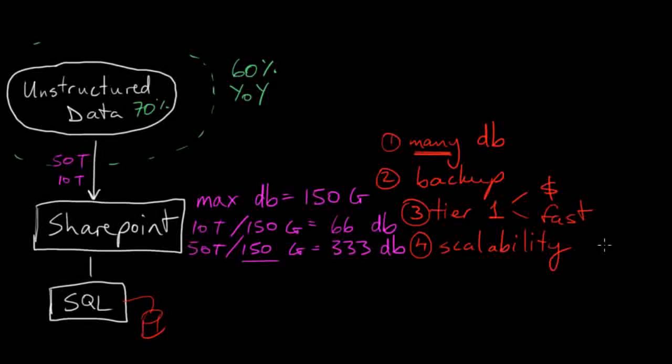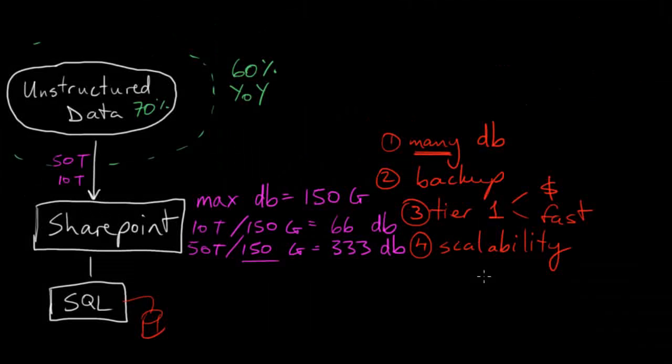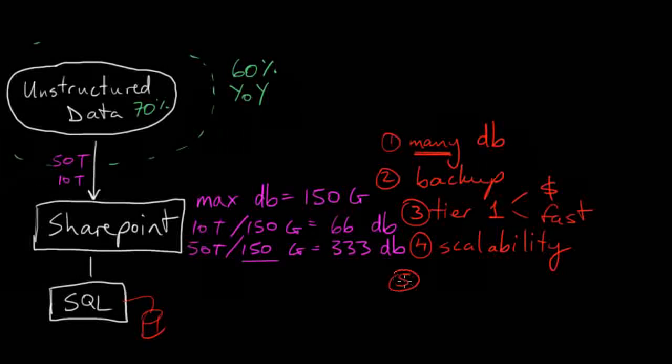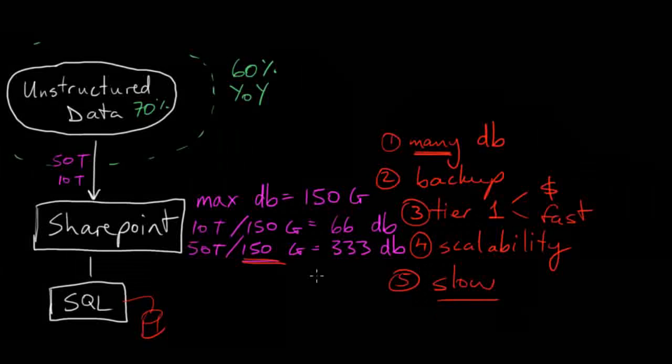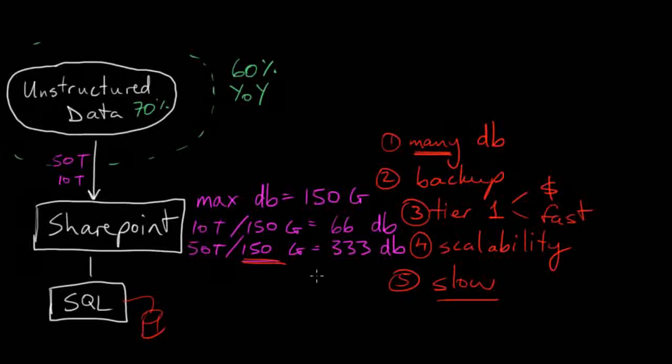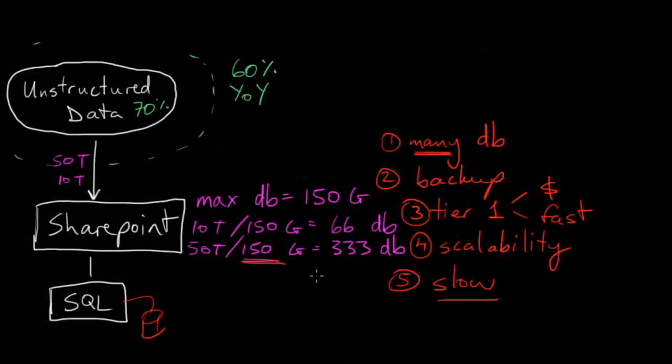Okay, and as you can see, all these things are interrelated, right? So many databases, once we have thousands of databases, that becomes a scalability problem for us to actually grow. But by far, probably one of the biggest issues is that SharePoint itself becomes slow. Why? Well, because once the databases get to this large size, and this is why Microsoft say don't go beyond this particular number, because then it starts dragging down SharePoint performance.